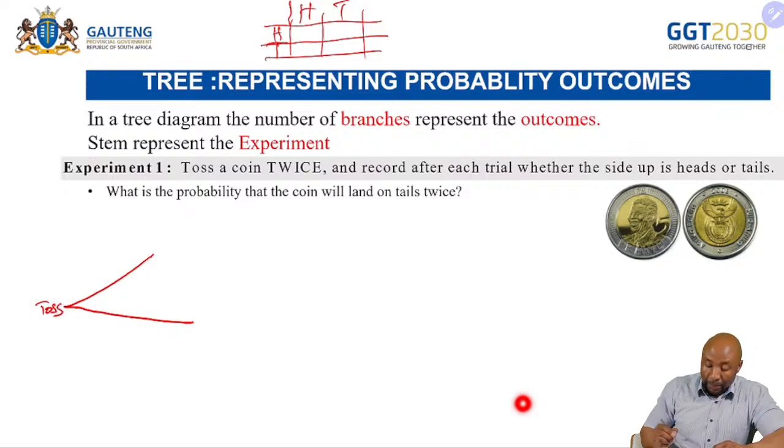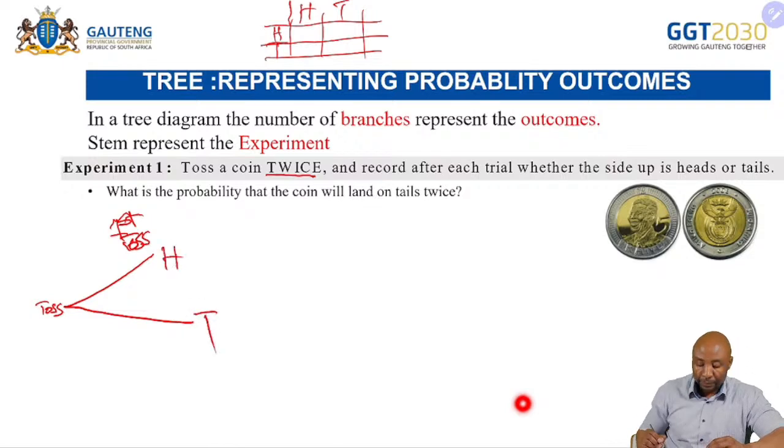But now remember, we cannot have more than 4 branches emanating from one, because we said a coin is tossed twice. So we can get the outcomes for the first toss, which are heads and tails. That's our first toss.